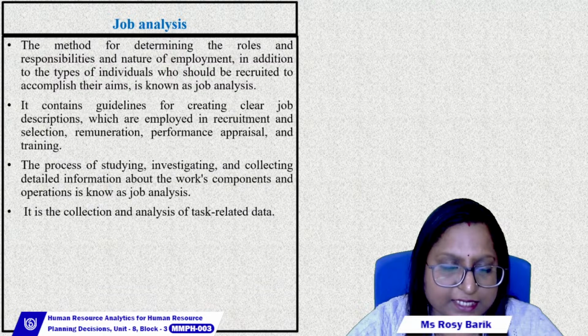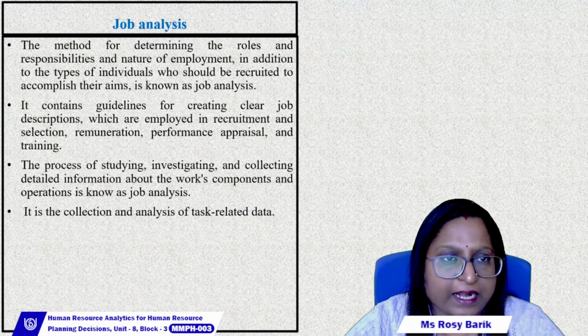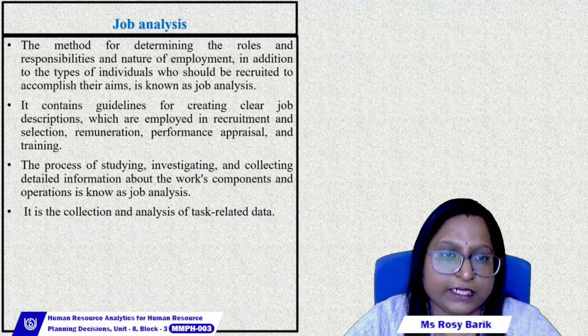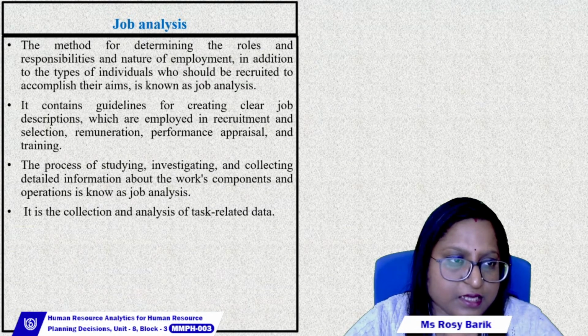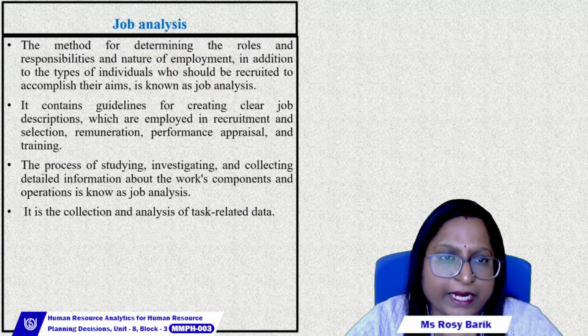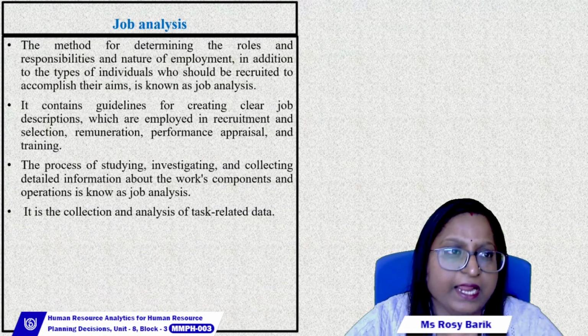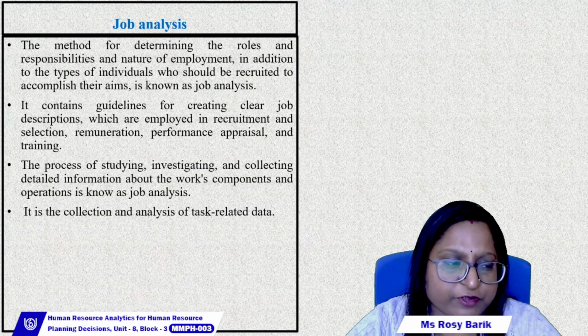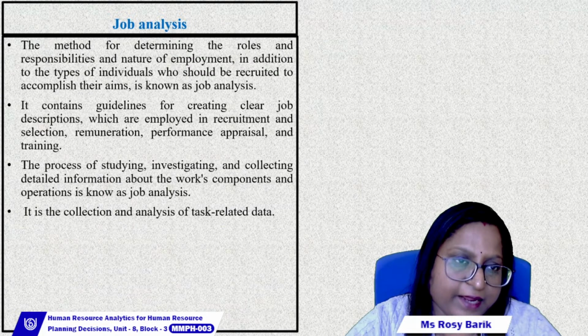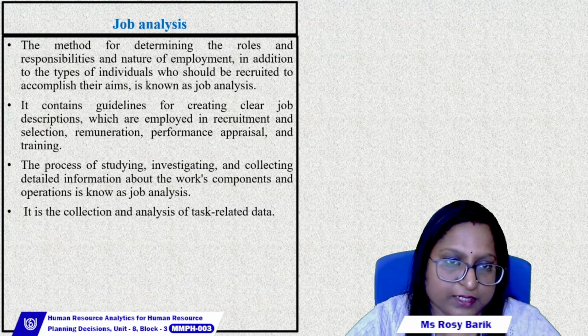In a single sentence, analyzing the jobs to be done by the employee is known as job analysis. The method for determining the roles, responsibilities and nature of the employment, in addition to the types of individuals who should be recruited to accomplish the aim, is known as job analysis.